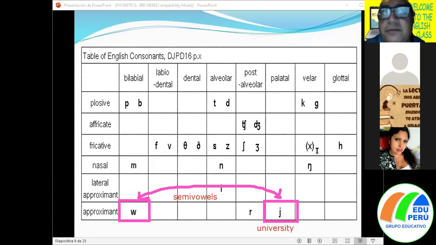You don't say university with a vowel. You say university, yu. So you're producing a consonant, yu. That's why you write a university.